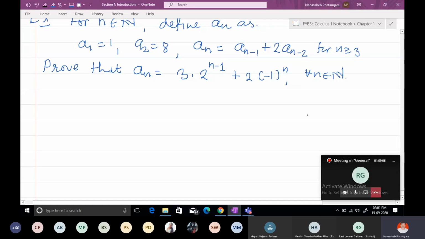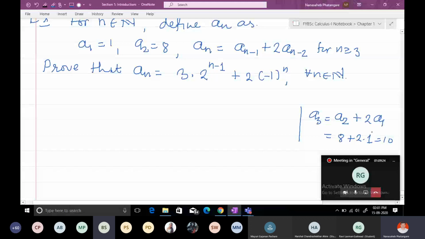So, from this, can you find the value of a_3? a_3 is a_2 plus 2 times a_1. But a_2 is 8 and a_1 is 1, so it is 10, correct. Similarly, you can find the value of a_4, a_5 and so on. So you know the values of all a_n now.